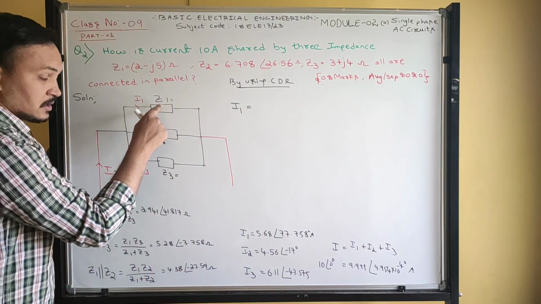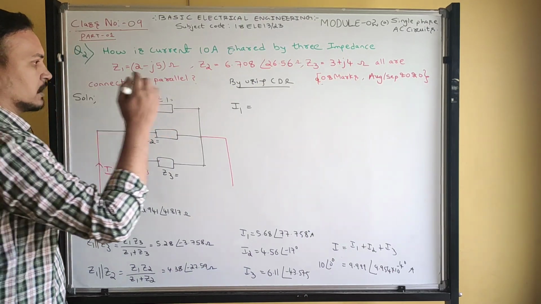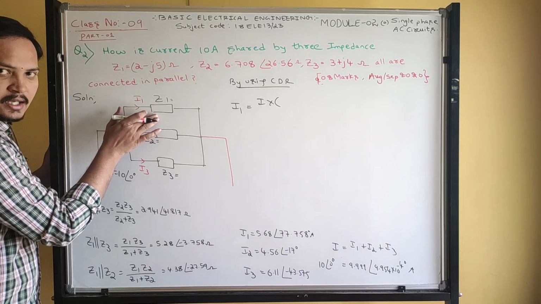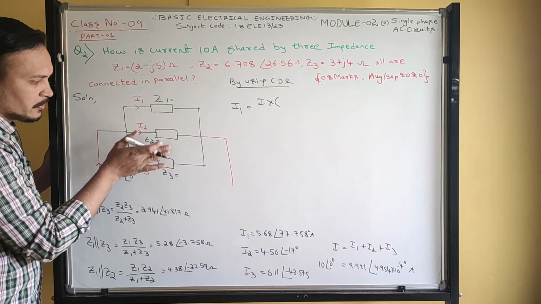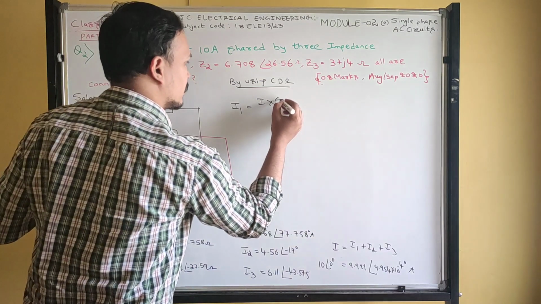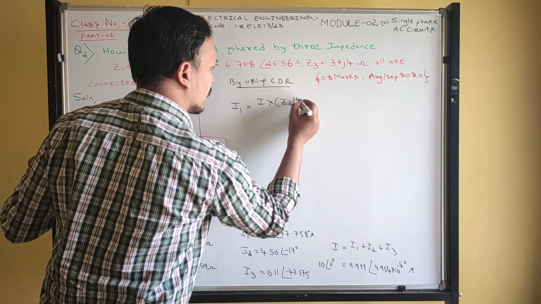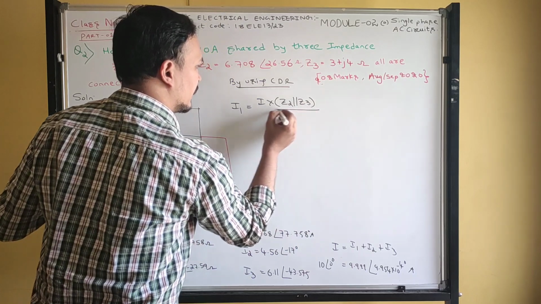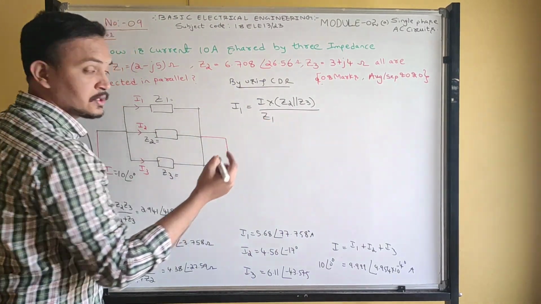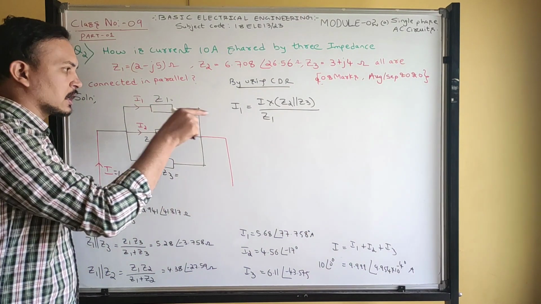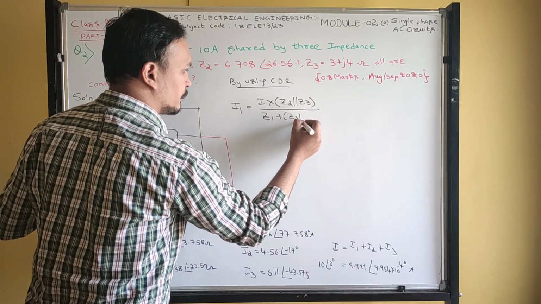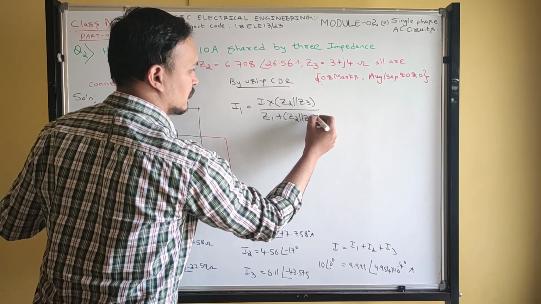Current in this impedance is the supply current into, since I am finding current in this branch, what about the other branches? Z2 and Z3, how are they connected? In parallel. So Z2 parallel Z3 divided by Z1, because the impedance in which you are finding current comes in the denominator: Z1 plus Z2 parallel Z3.